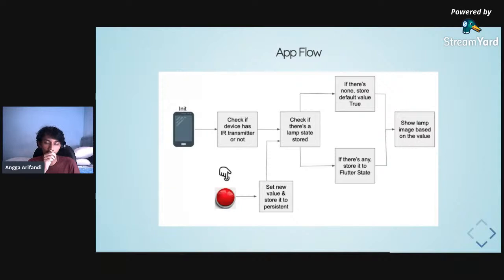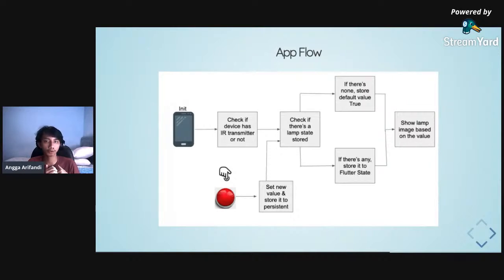But if it does support an infrared transmitter, we will check if there's a lamp state stored in the persistent data. Why? Because we want the application on the phone to remember the actual state of the lamp, so we have to store it in persistent data. I use shared preferences. Probably some of you know that, probably some don't.